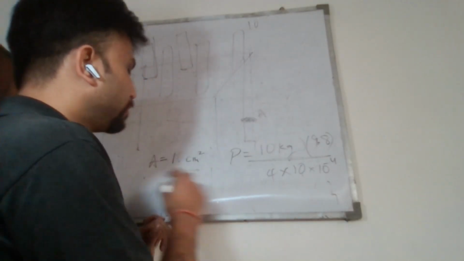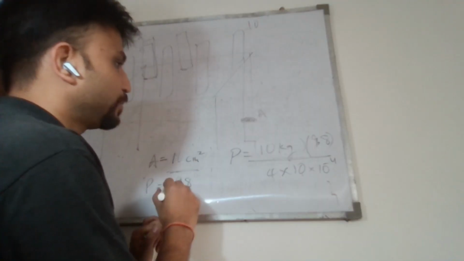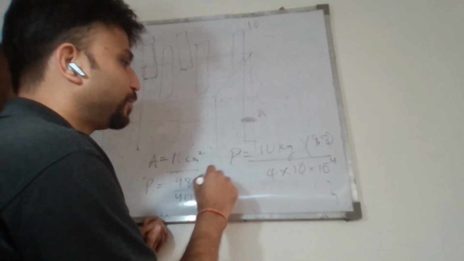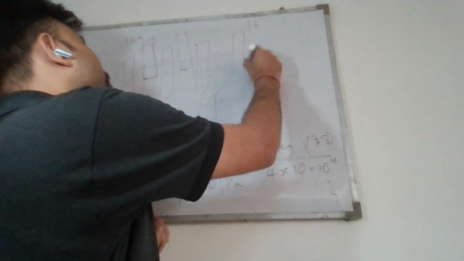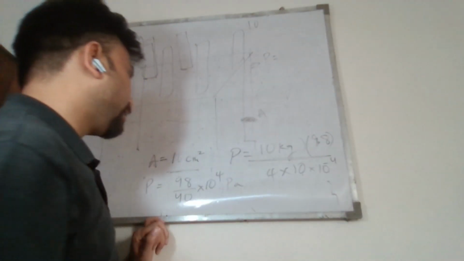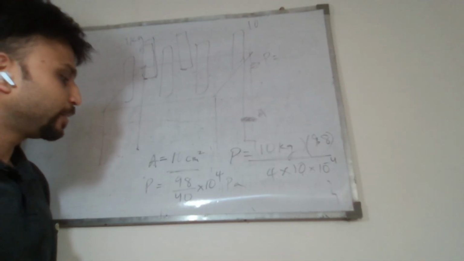So this value will become 98 divided by 40 into 10 to the power 4 Pascal. So P is equal to 98 upon 40.